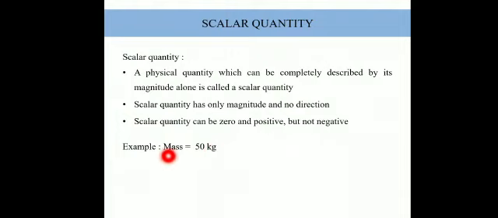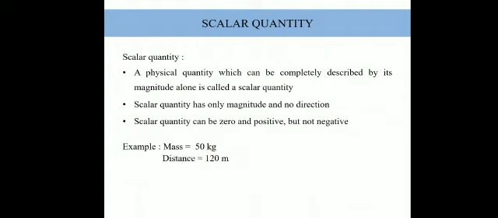Whenever we go to a shop, we talk of 50 kg, 100 kg of rice. We never talk of minus 20 kg of rice, which would mean giving the shopkeeper 20 kg, which is not possible. So we will never have a negative value of mass.